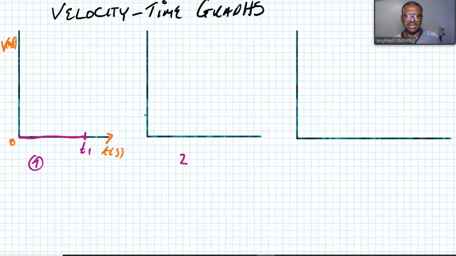The second graph, we want to label it as always t of x, and we have v meters per second. Gonna have 0 here.